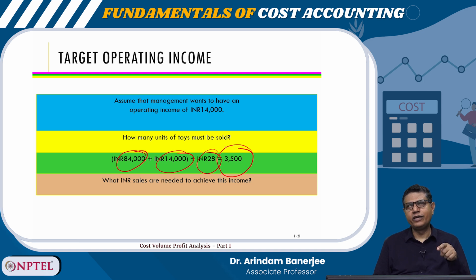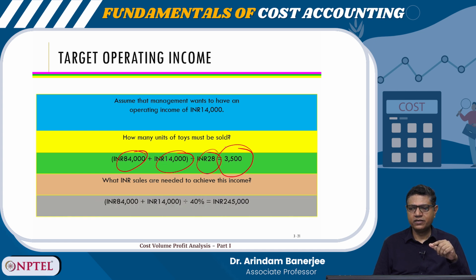If I multiply this number of units by the sell price per unit, I will get the revenue. Second way is I can divide the fixed cost plus target income by the contribution margin, which in our example is 40%. So, I am getting the amount 2,45,000.